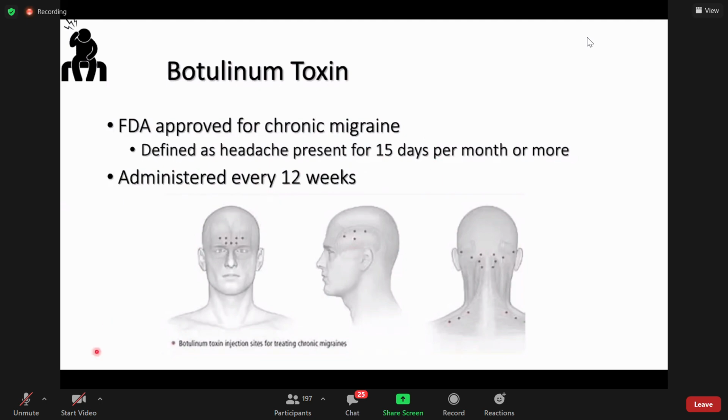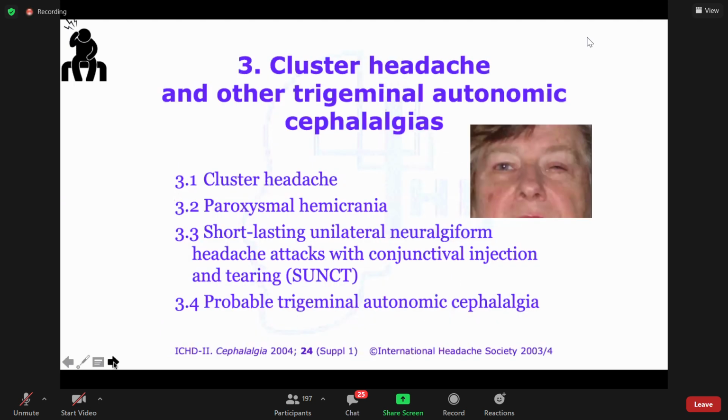As we know, botulinum toxin temporarily impairs the function of the nerve endings. Therefore, it loses its effectiveness after 4 months, and it has to be repeated every 12 weeks.